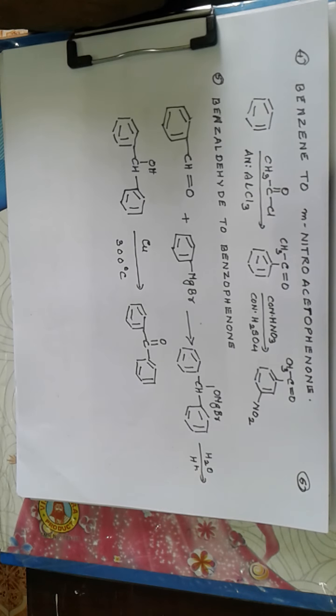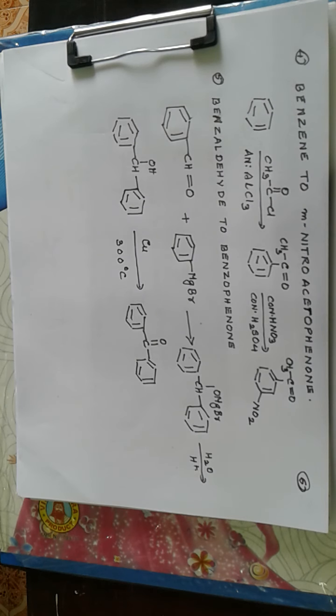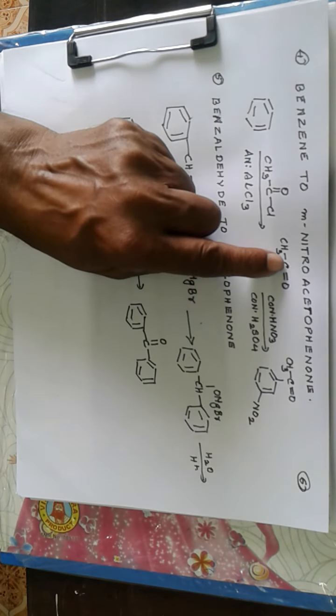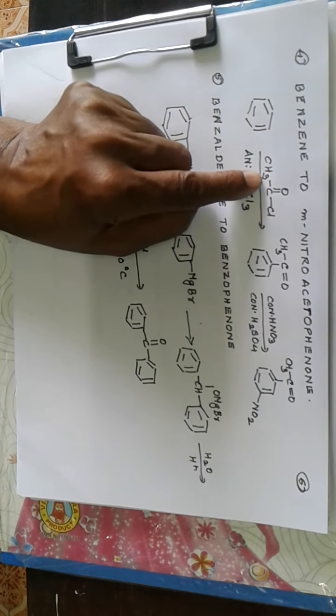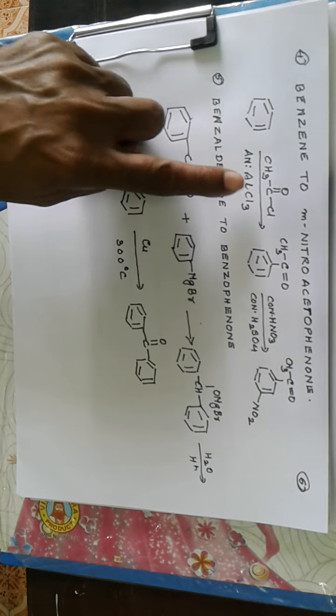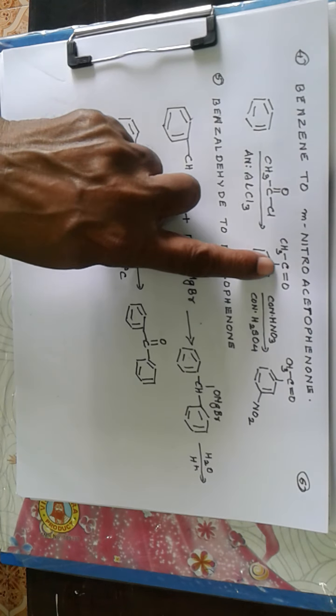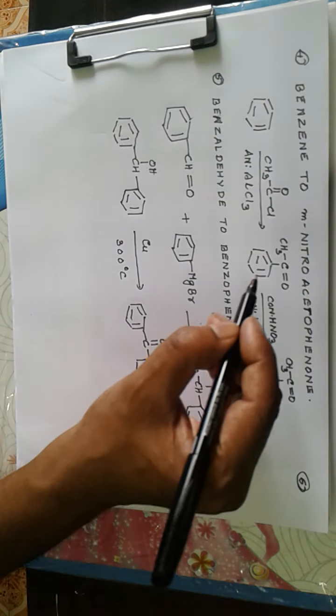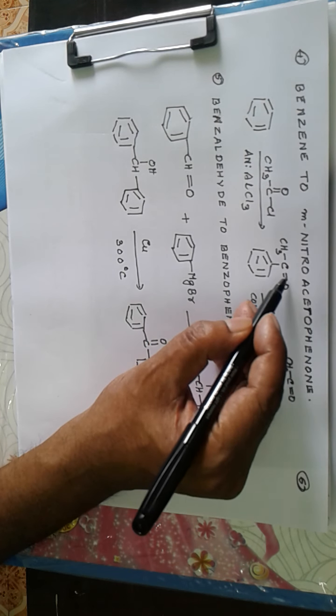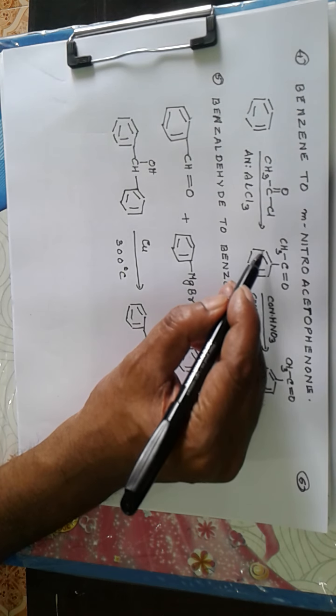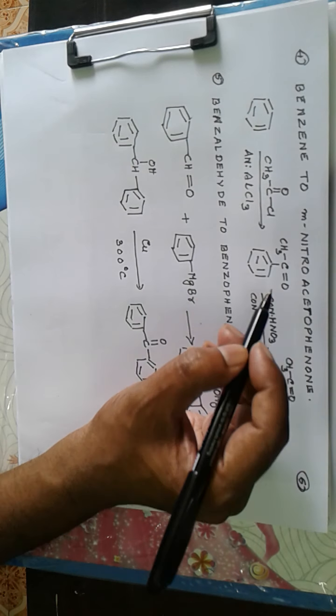Now benzene to meta-nitroacetophenone. Here also we can try first nitration and then Friedel-Crafts reaction. So nitration first, we get nitrobenzene and then subjected to Friedel-Crafts reaction using CH3COCl and anhydrous AlCl3. The COCH3 group is meta-directing because the bonds tend to move in this direction, so that positive charge is created at the ortho and para positions.